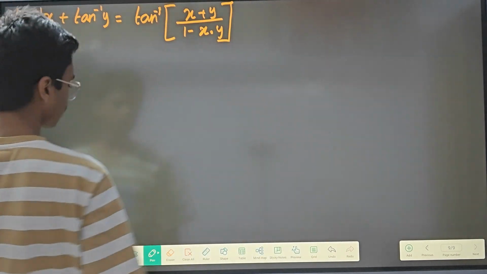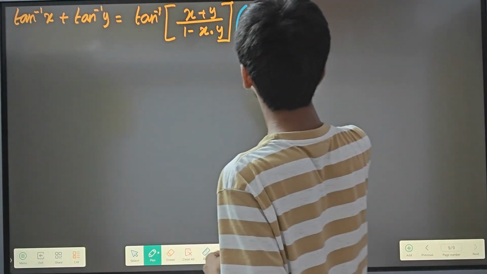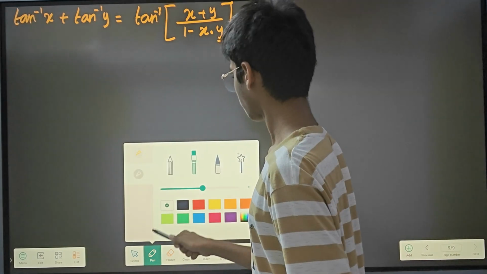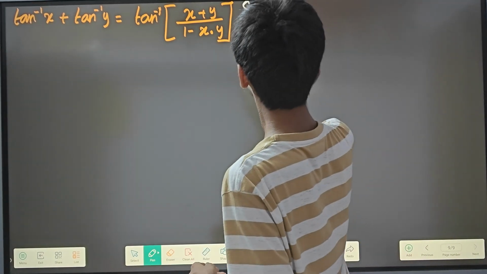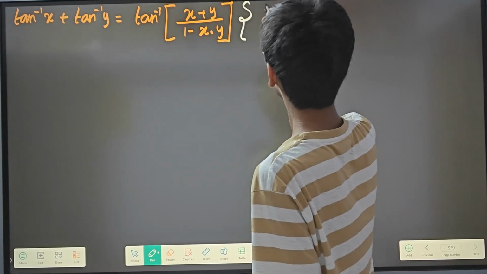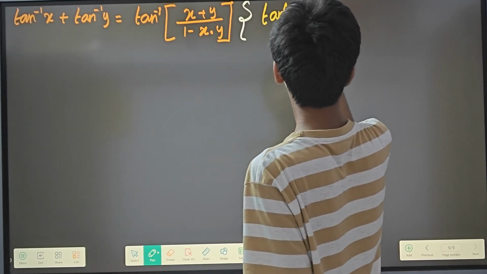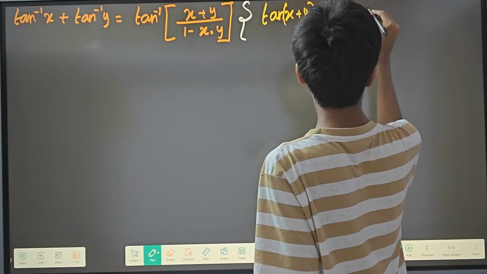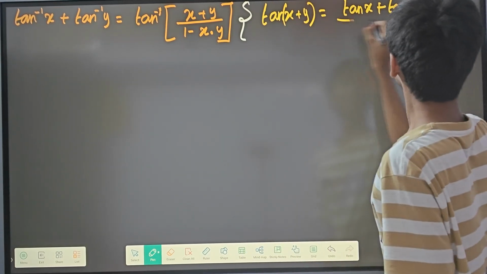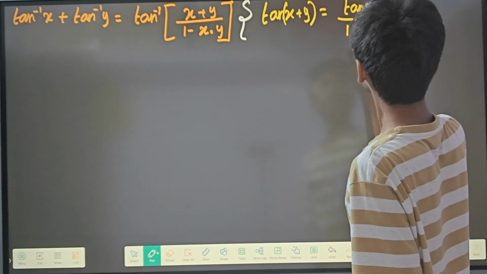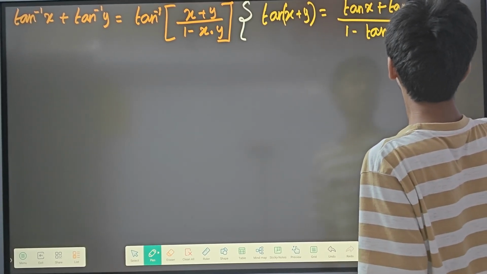So for this, you are going to use tan of x plus y is equal to tan x plus tan y whole divided by 1 minus tan x dot tan y.